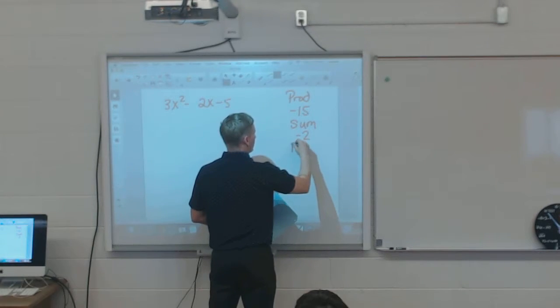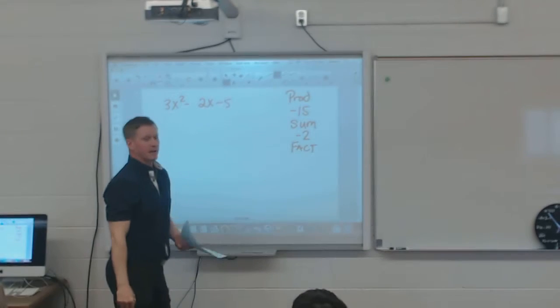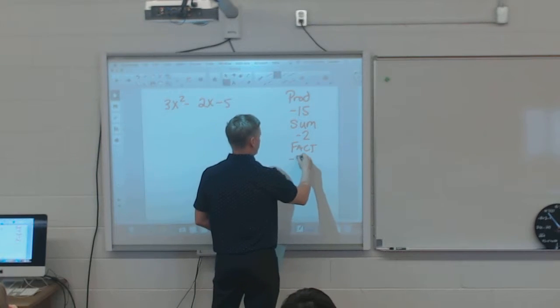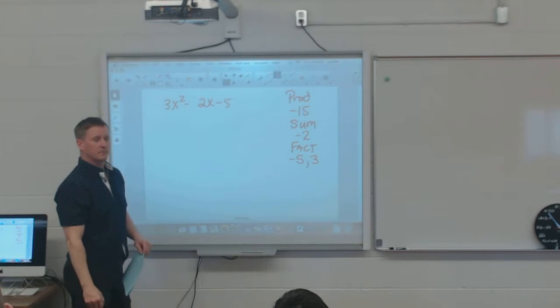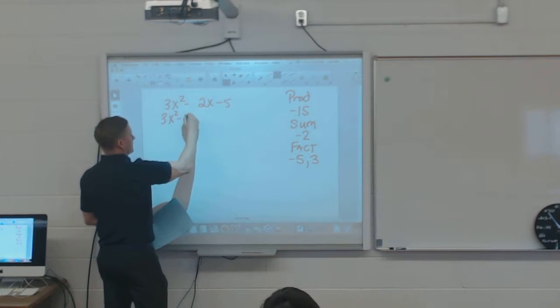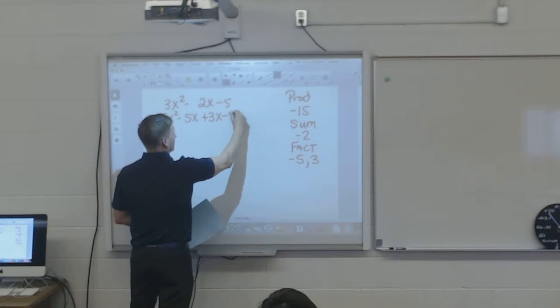Negative 2. So what are the factors of negative 15 that add to give me negative 2? Negative 5 and 3. So now, 3x squared minus 5x plus 3x subtract 5.